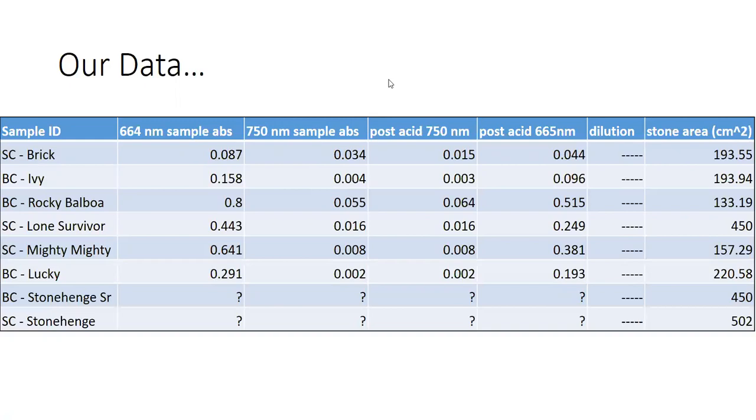Then we acidified the extract in the cuvette and again took a reading at 750 nanometers and then 665 nanometers post-acid. We didn't need any dilutions, so that column may be deleted off of our class spreadsheet already. And then the final column there is stone area, because of course the area of the stones that we scraped chlorophyll off varied, and so we're going to want to standardize chlorophyll to the area that was sampled.